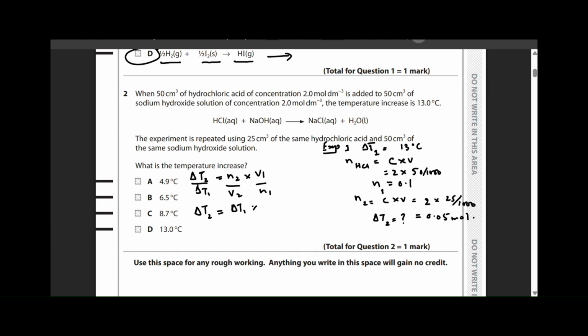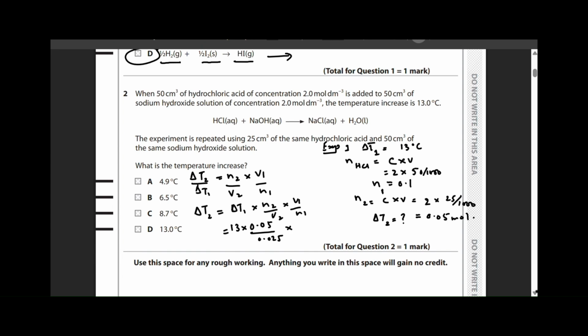So you will rearrange the equation and now put the values here. Delta T1 is 13 and N2 is 0.05. V2 is 0.025 dm³.